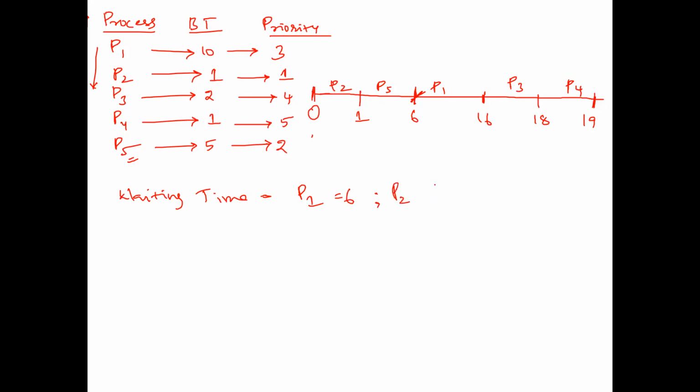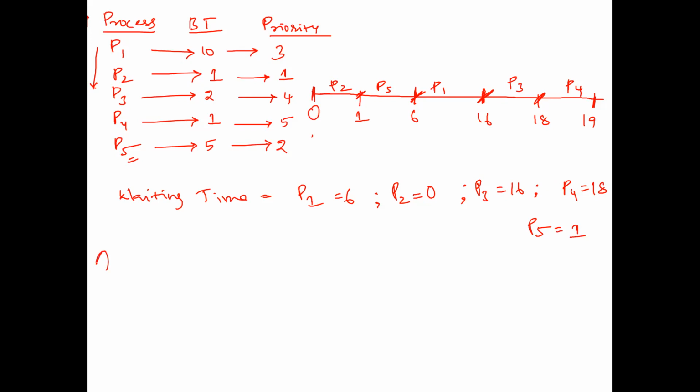Then P2 has not waited for the CPU, so it has 0 waiting time. P3 has waited up to 16 units of time. Then P4 has waited up to 18 units of time. Then P5 waited 1 unit of time.